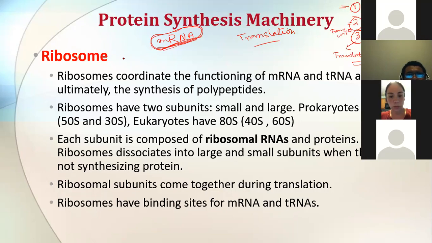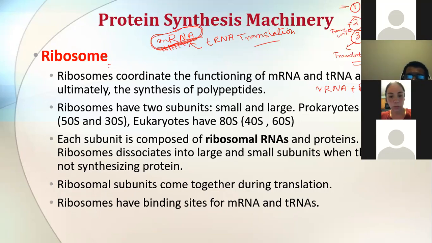Now, who is going to read? We have the ribosome, and then we have tRNA, which read all the codon sequences. Ribosomes are made up of rRNA plus protein. They have two units: one is the large subunit and the other is the small subunit.